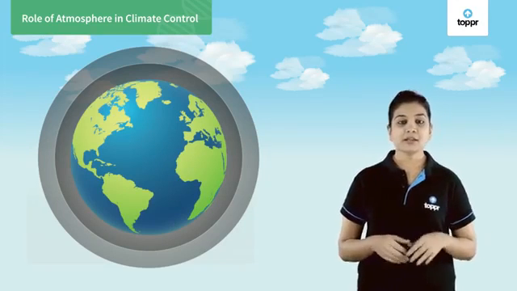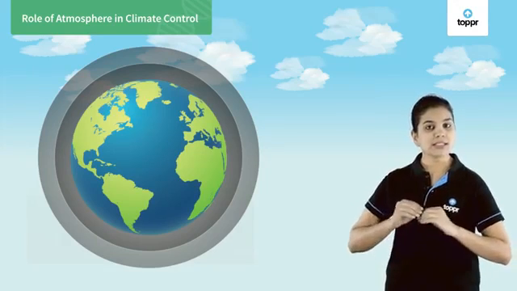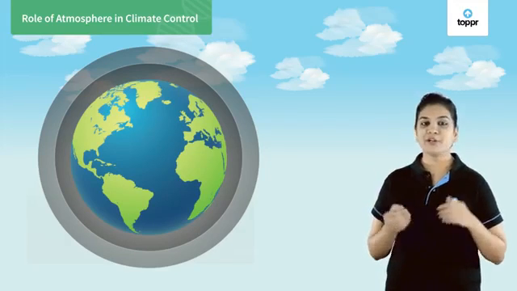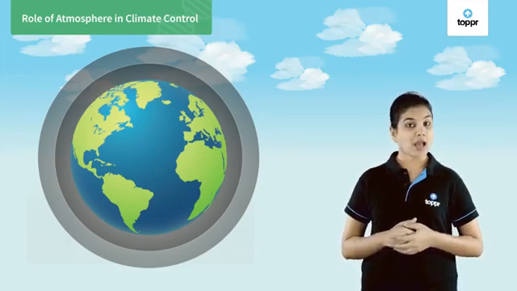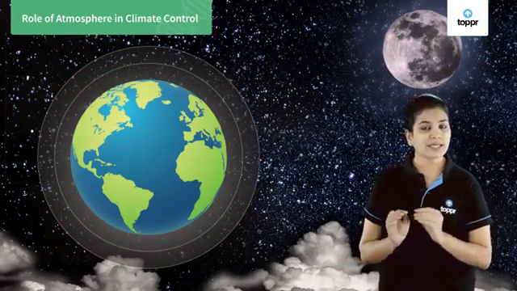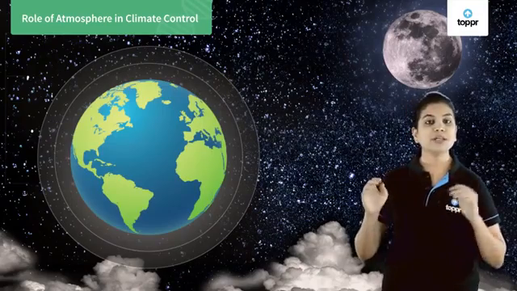So basically, the atmosphere prevents the sudden increase in temperature during the daylight, and during the night time it prevents the escape of heat into the outer space.